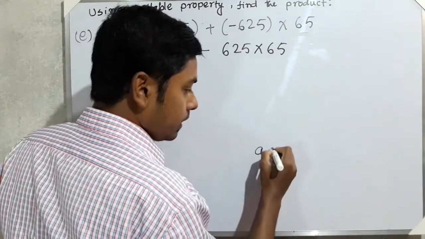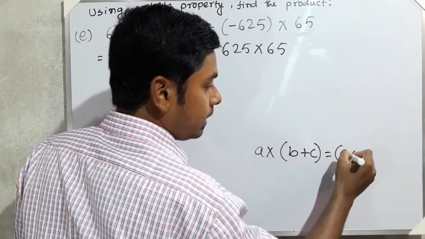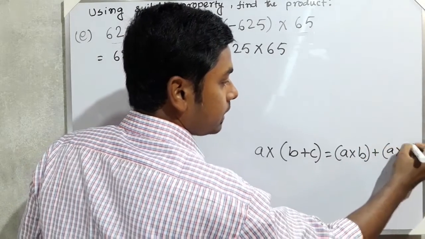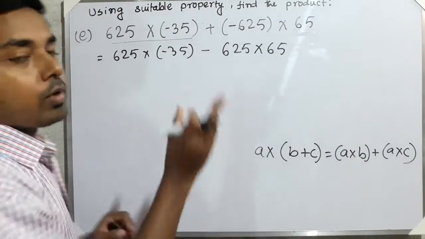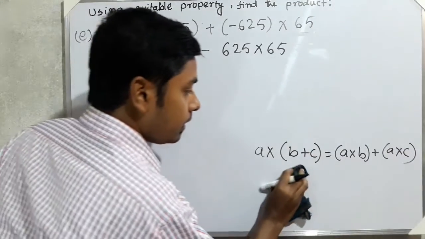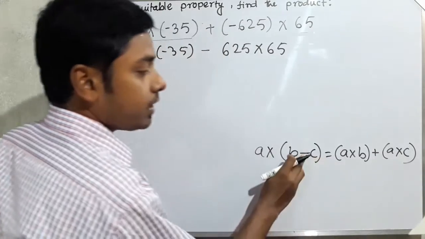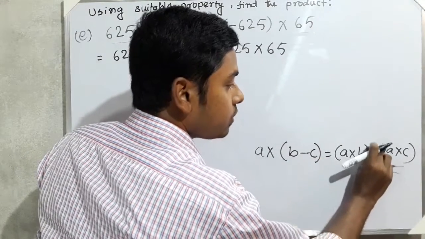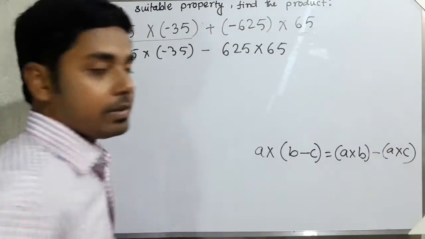A into (B plus C) equals A into B plus A into C. Here it has a minus sign, so at the place of plus it will also be minus, and all the properties will be the same.